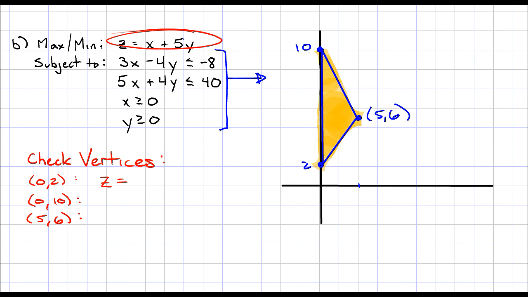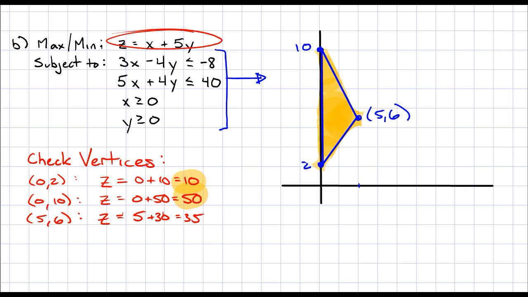Plugging in 0, 2, I get 0 plus 10, so that's 10. Plugging in 0, 10, I get 0 plus 50. And plugging in the last one, I get 5 plus 30, which is 35. So my minimum is 10 and my maximum is 50.